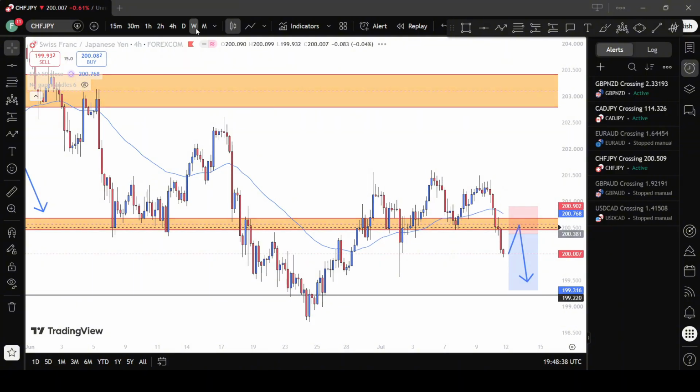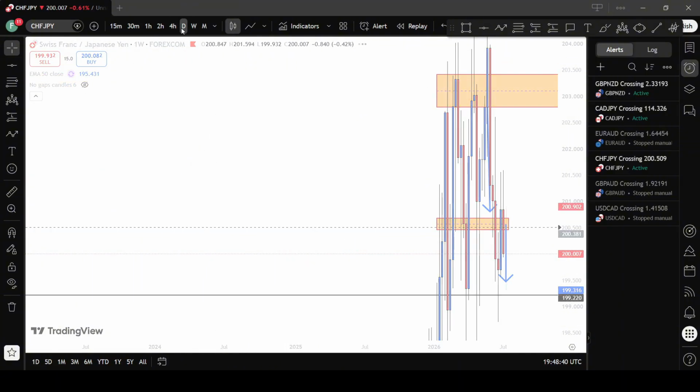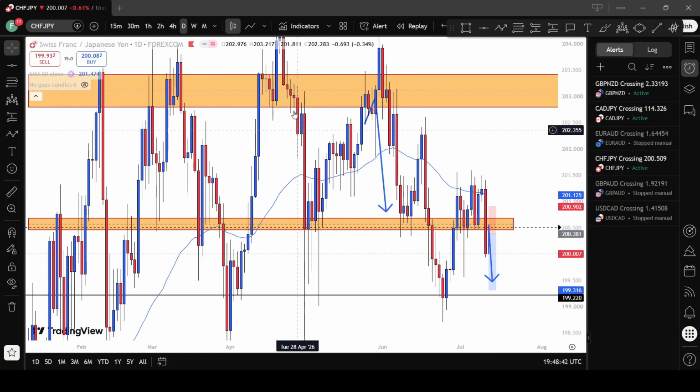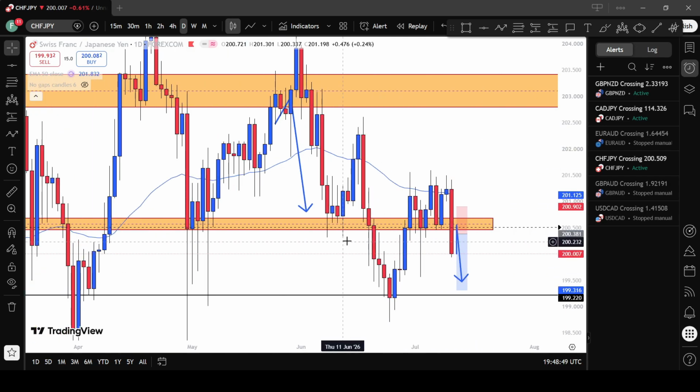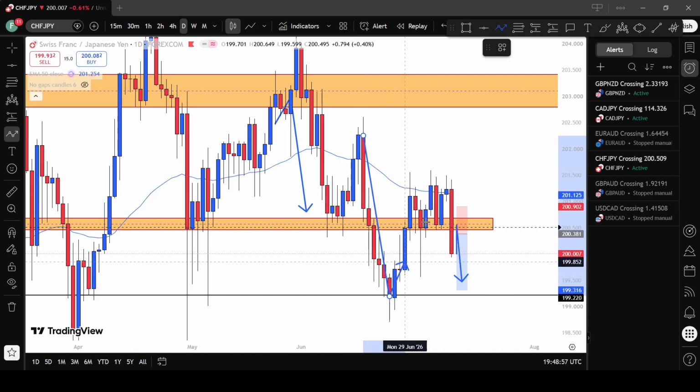So the weekly, as stated, is bearish. We're below the EF interest. That's pretty good. The daily here is also bearish, and we're below the EF interest. Now we can see that after price had this push, we had a pullback. That pullback went above the EF interest, but eventually we're now below.